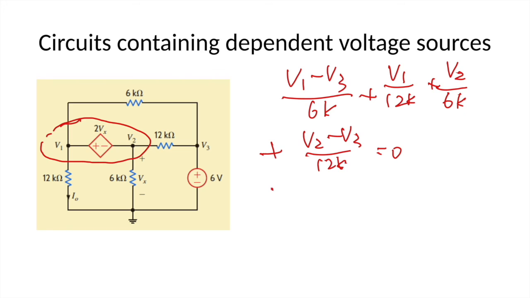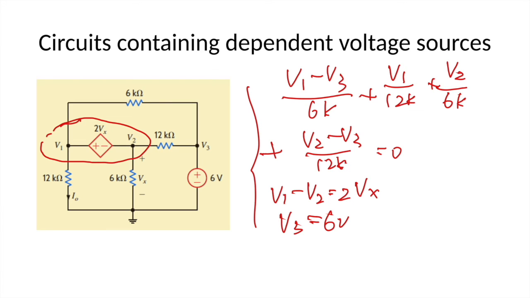And we have V1 minus V2 equals 2 times Vx, and V3 is 6 volts. So once we obtain these equations, we can calculate V1, V2, and V3.